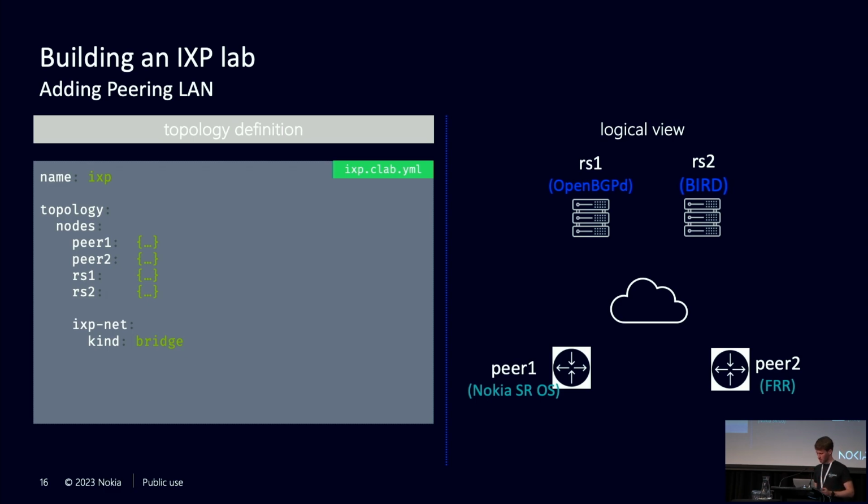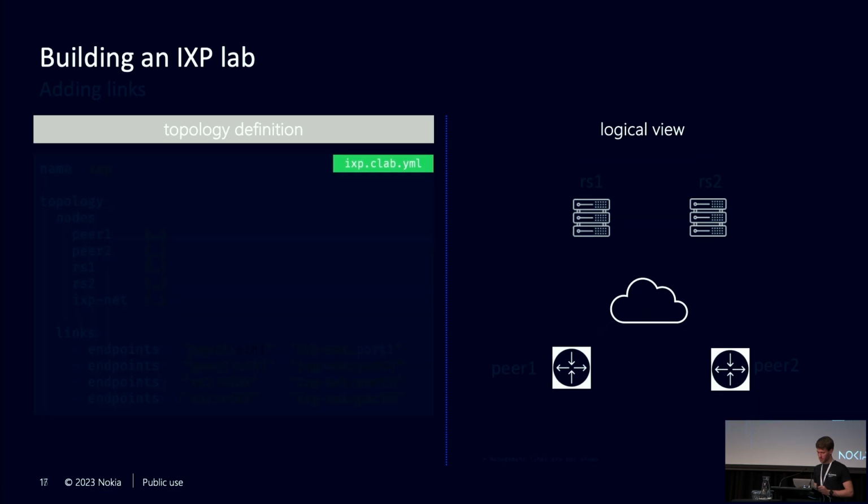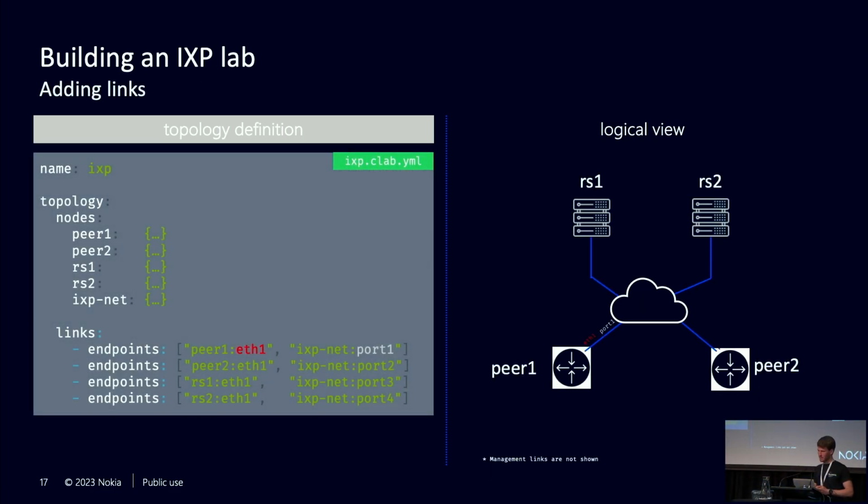The last thing to do now is to add the links. So let's do that. And for this, we need a new section, the links section. We are going to define every link as a pair of endpoints. And you will see that to refer to some of those nodes, we need to give the name of the nodes and then the name of the interface.